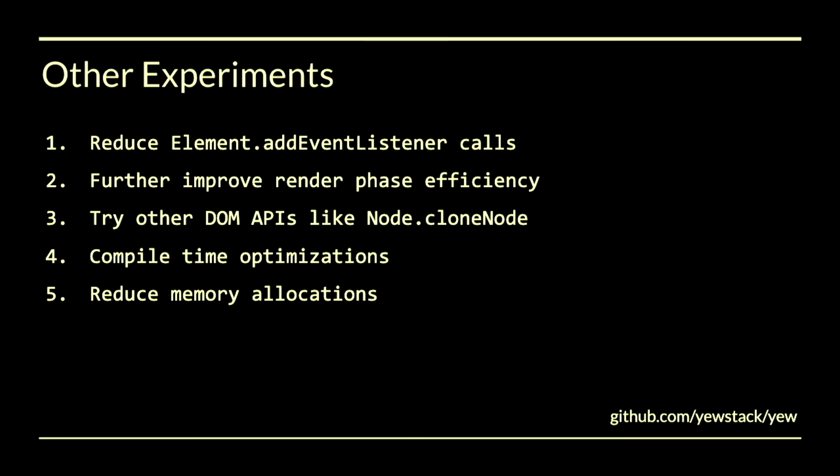So one is reducing addEventListener calls. If you remember, we added 2 listeners for each row in our example here. If you think about that, it's like 20,000 event listeners. What you can do instead is add only one, let's say a click listener, to the whole app.